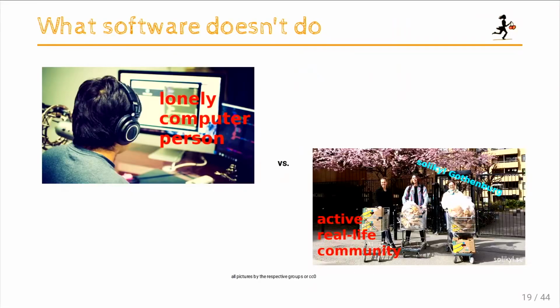But really, in the beginning, you don't really need software to get started. Because what software doesn't do is transform lonely computer persons into parts of active real-life communities. It doesn't build a physical network of people for you. What's needed in the beginning is some time, some ideas, and some determination to make it work. You need to get off your chair and out into the real world.